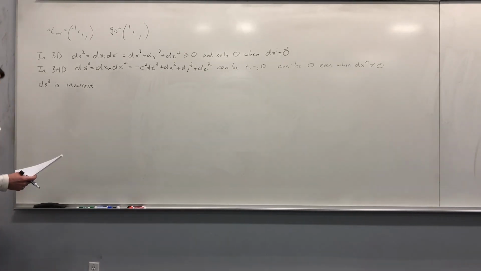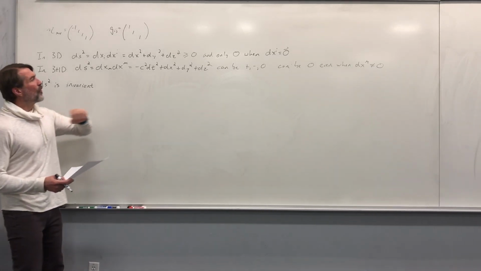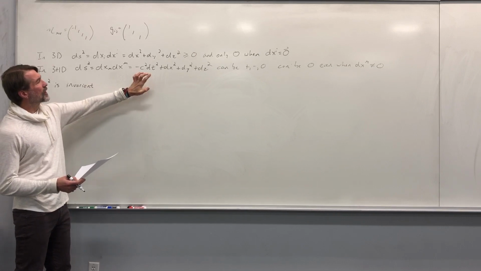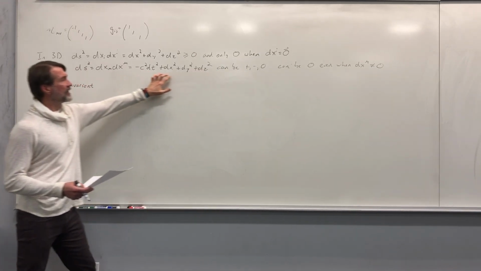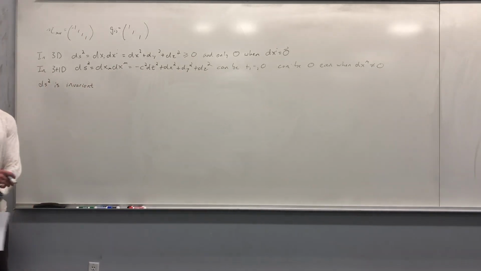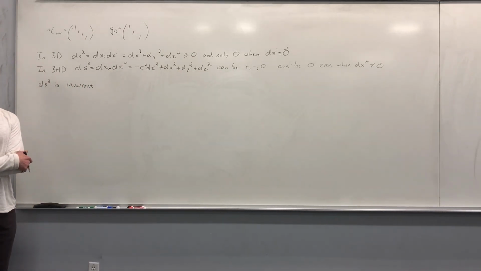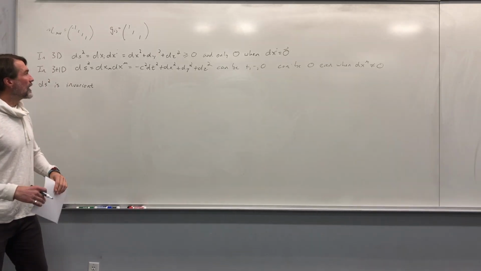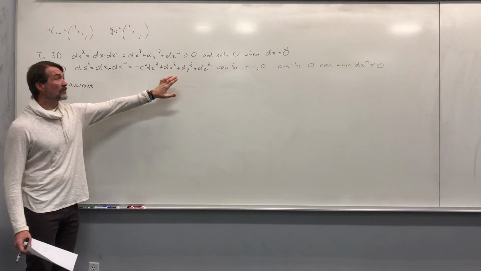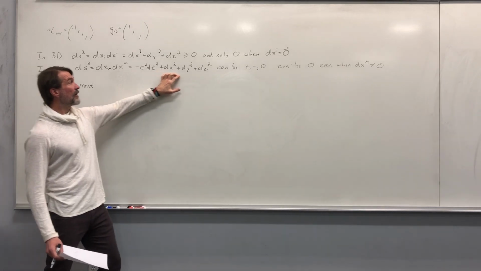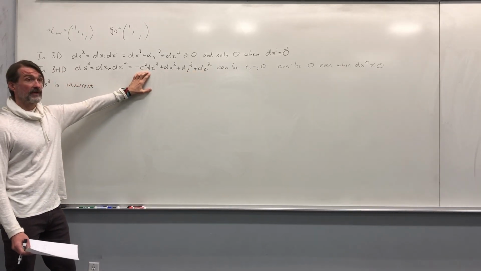Now, hang on. What do you think controls what the sign of this is? Well, the dt term is certainly going to play a role, but the total sign is going to be somehow how this is combined with this.